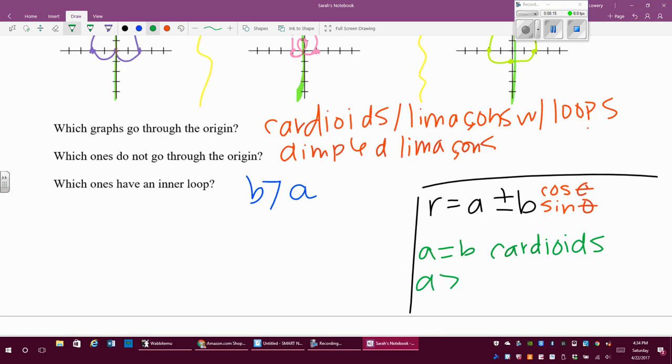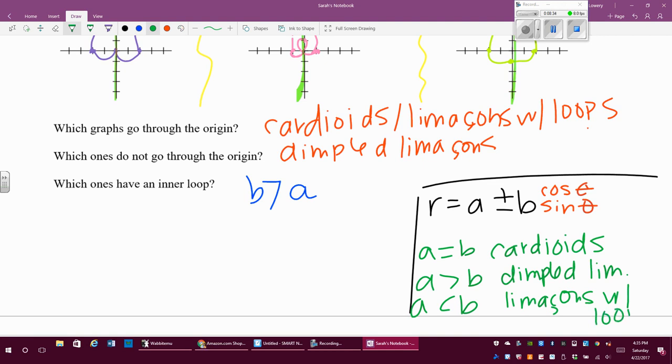When A is bigger than B, it's a dimpled limacon. And when A is smaller than B, it is a limacon with a loop.